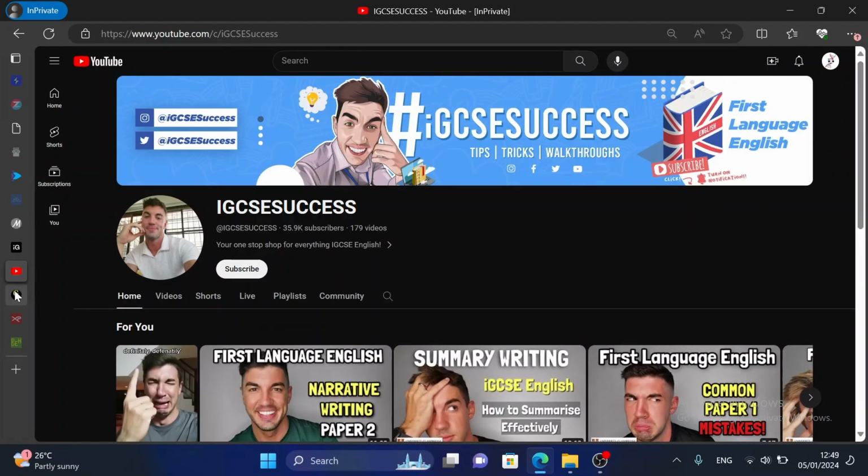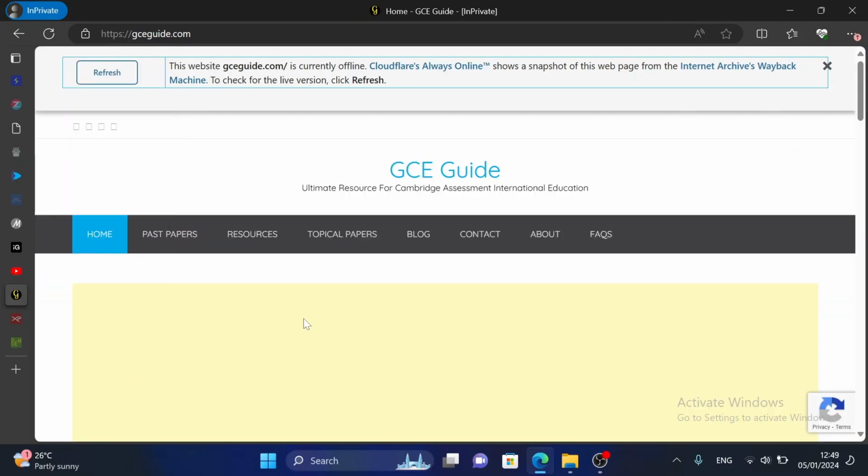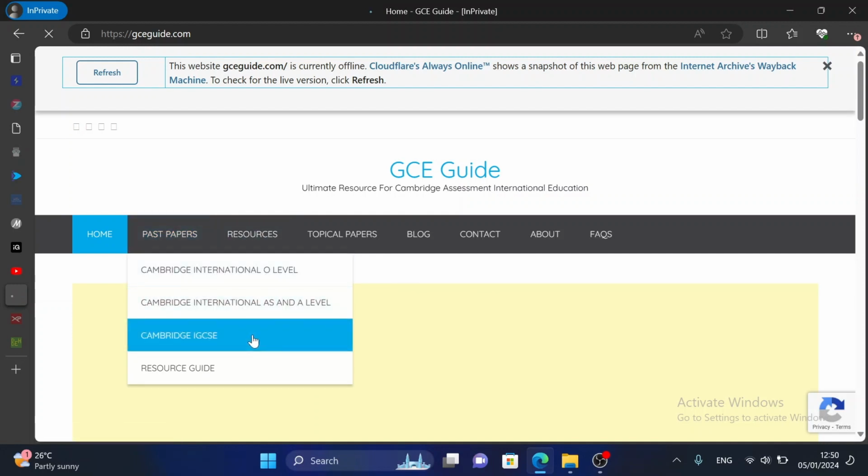Past paper websites. You got GCE Guide. Just pull up your examination, and it covers past papers on a wide range of subjects. I've seen almost every subject you can imagine.